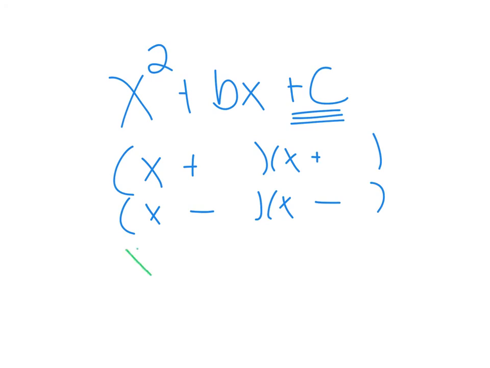Now if our c term is negative, that means our signs will be opposite. And then that's when you have to sort of kick in your number sense to see which one of your coefficients rather is going to be positive and which ones will be negative. And you can always FOIL your expression out to see if it does return to your original unfactored form.